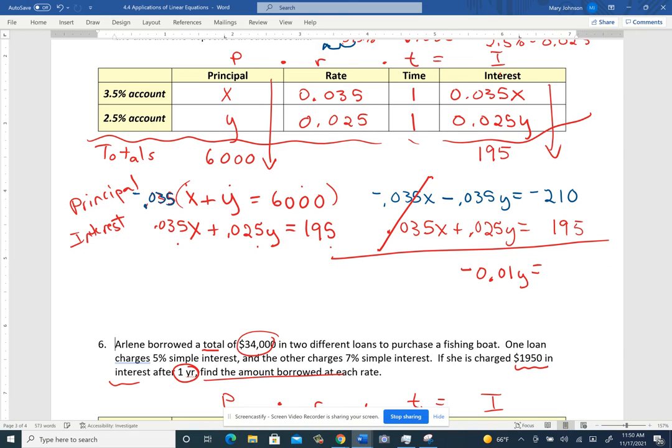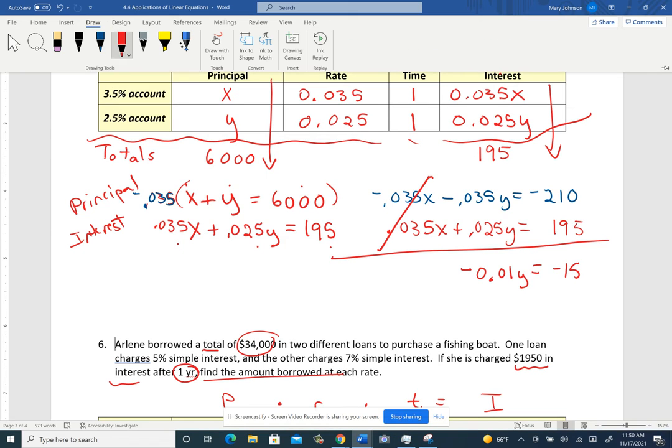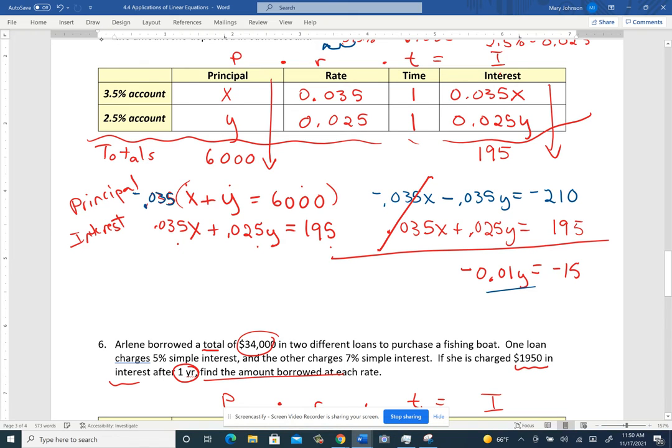And on the right-hand side, I get -15 when I take -210 plus 195. All right, so now I'm ready to divide by -0.01 on both sides. And so I wind up with y equaling negative 15 divided by negative 0.01. I know it's positive, and it turns out to be 1,500.